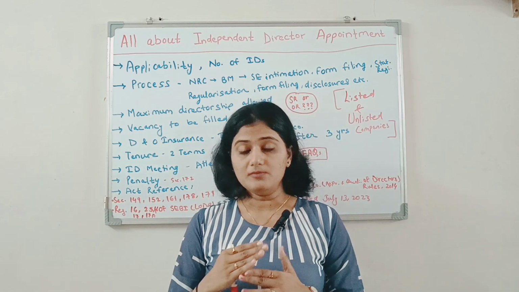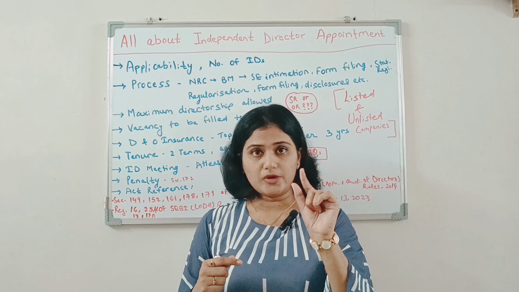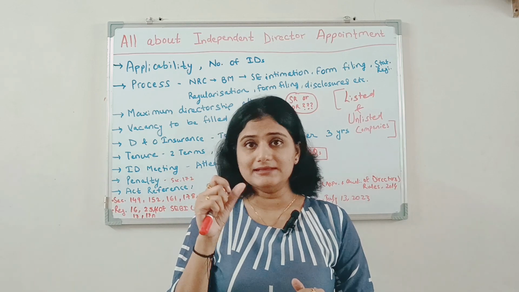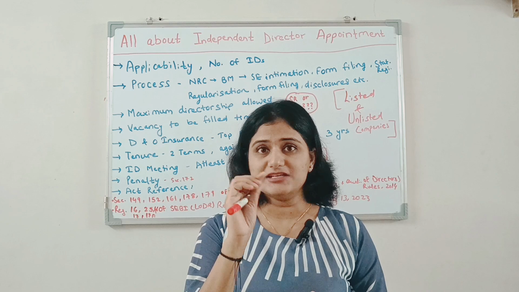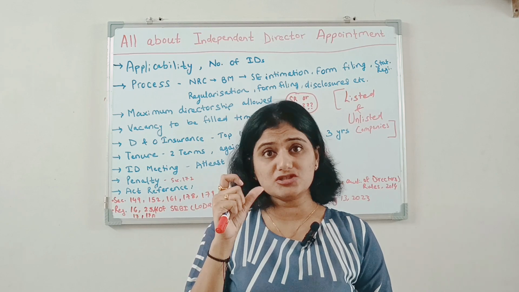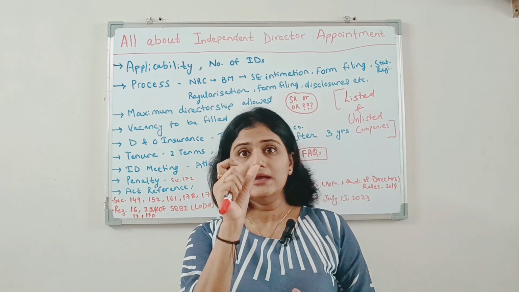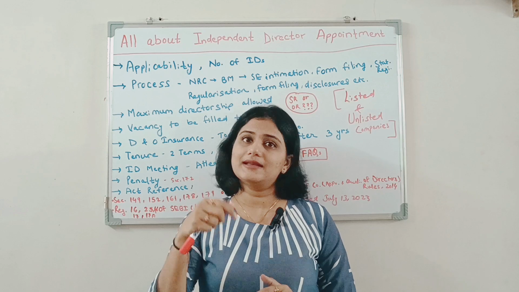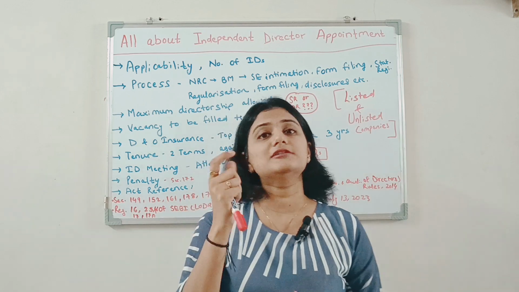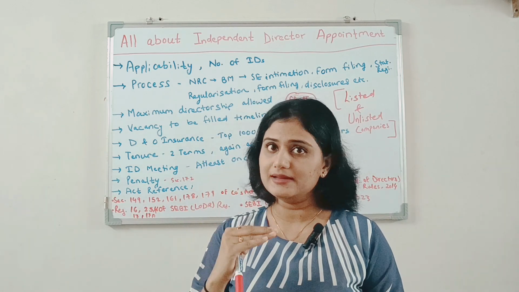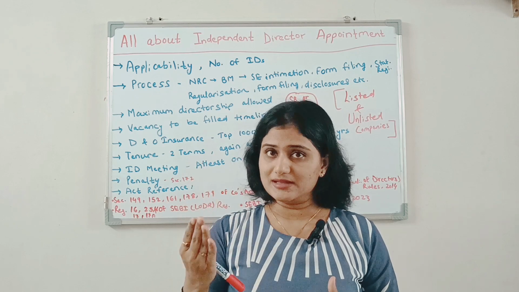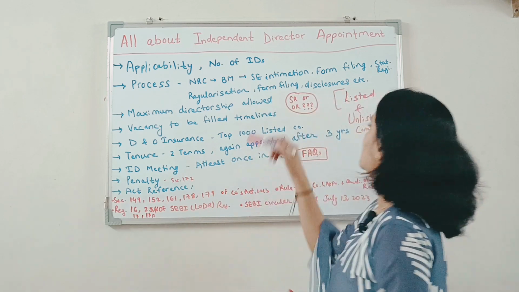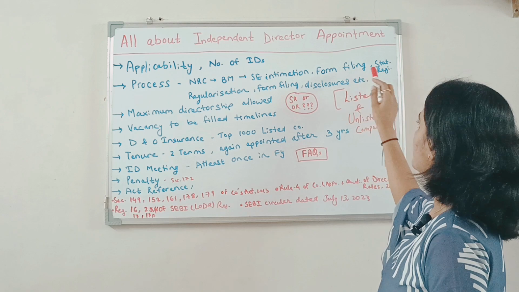Now in that form you have to select appointment, and while selecting that category you have to select additional. He should be appointed as an additional director, and you have to select the word independent. He cannot be directly appointed as an independent director, he has to be appointed as an additional independent director, because the board does not have the power, it has to be approved by the shareholders. Okay, so this was about the form filing requirement.